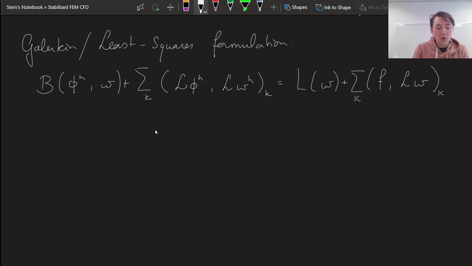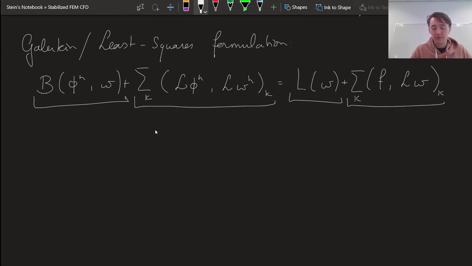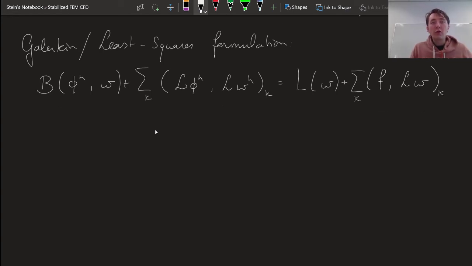Yeah, so this problem is now well posed because the well-posedness was already in the original Galerkin approximation. And it's also stable and tends towards the nice properties of the Galerkin least squares formulation due to these additional terms. Now, of course, we can have different weightings. We can either tend more towards a Galerkin approximation or more towards a least square formulation.